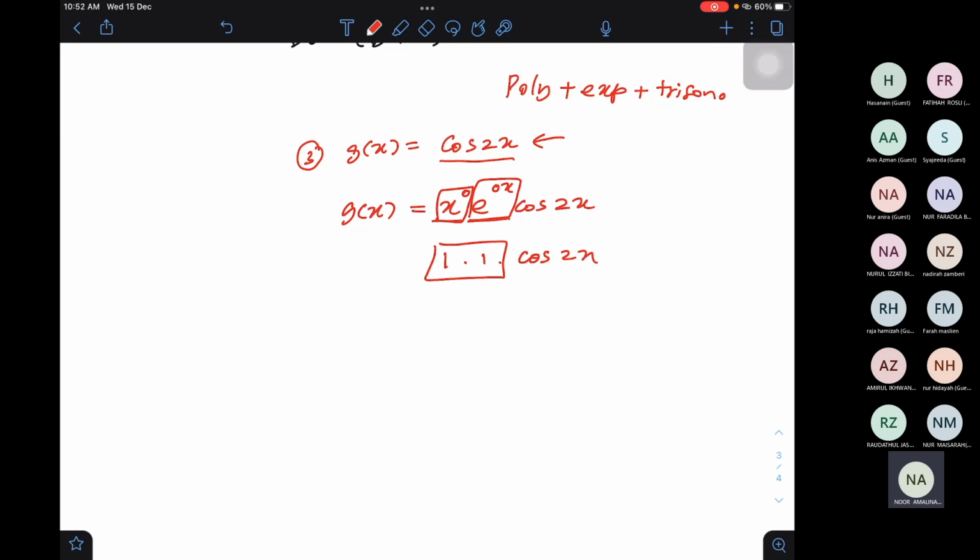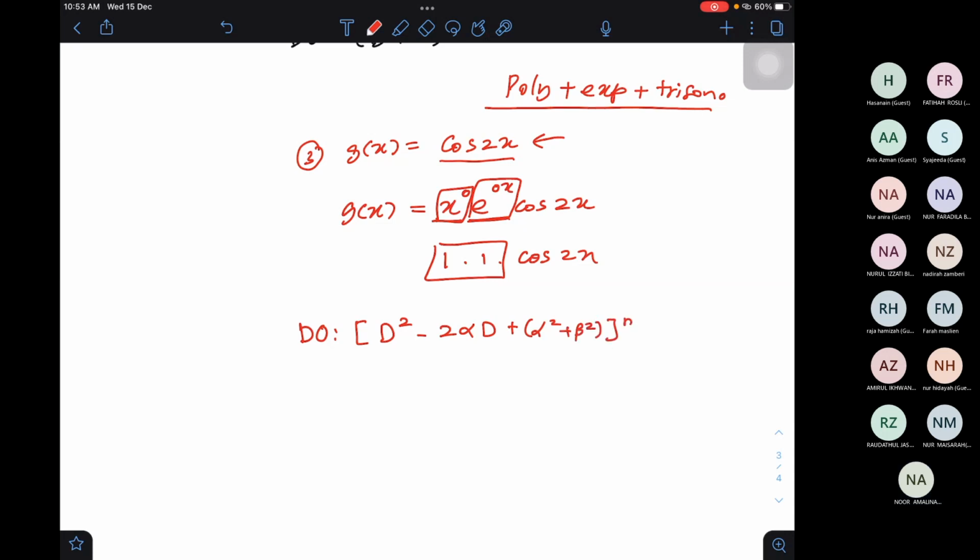Kenapa? Because for this type of gx, for this type of function, the differential operator will be in the form of d square minus 2 alpha d plus, saya tak ingat. Apa dia formula dia? D square minus 2 alpha d plus alpha square plus beta square to the power of n.